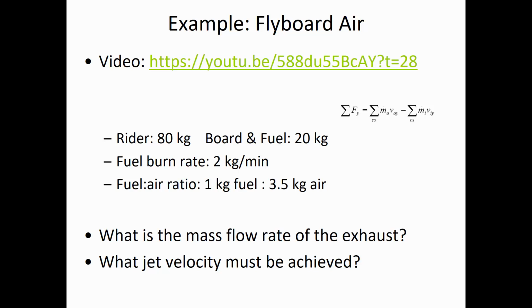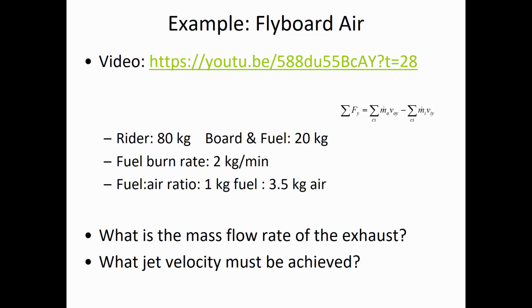So we can use this momentum principle in the y direction to find out what's the mass flow rate of the exhaust and what jet velocity would have to be achieved in order to, under these assumptions, hold the rider steady. So I think the best case scenario is if we do like a quick little sketch here.